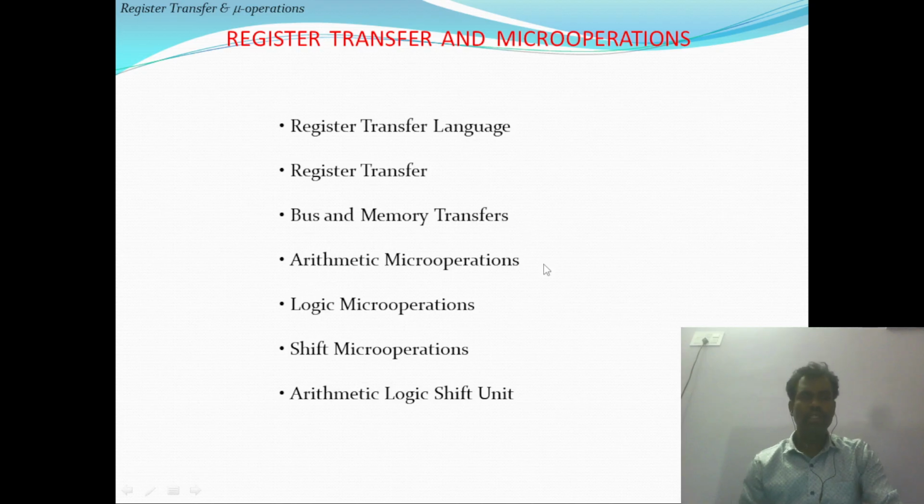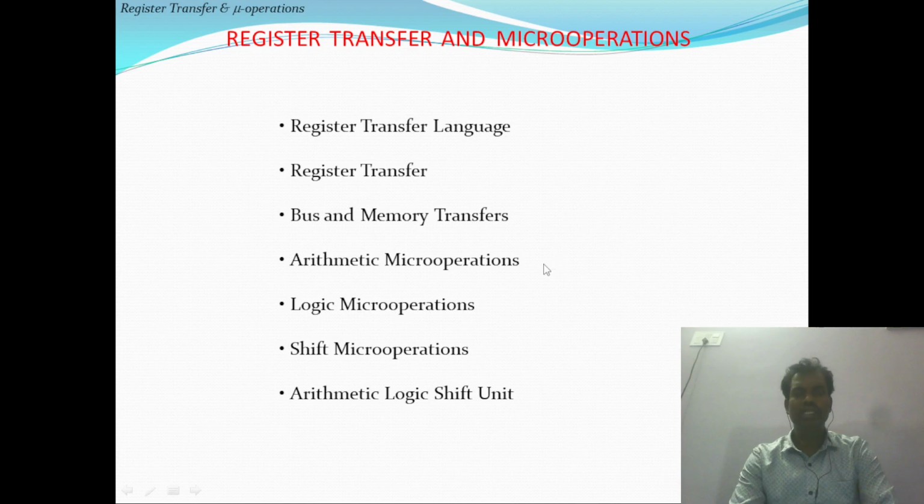And next, after transferring the data from the memory to the processor, the processor has to do some operations. These are the basic operations that we can see in any processor: arithmetic operations, logical operations, and shift operations. The arithmetic operations may need some internal basic operations.